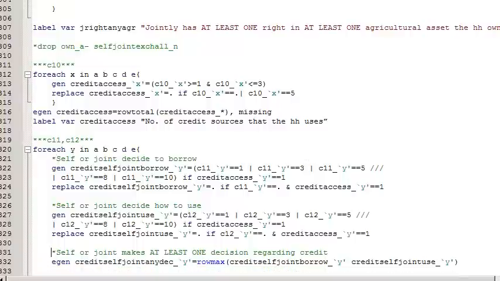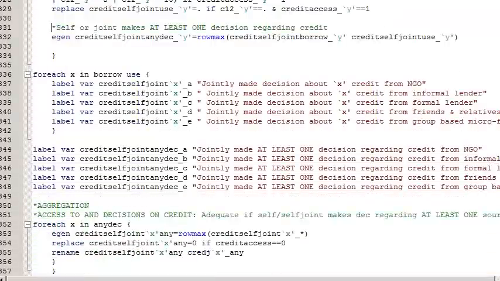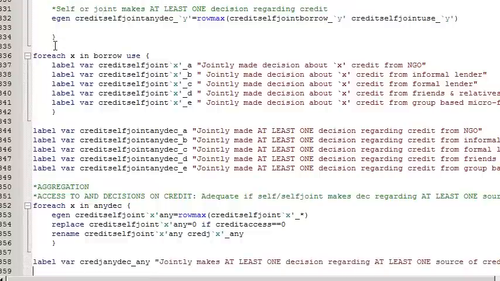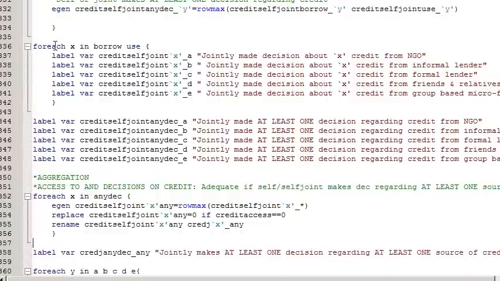Then we do a first level aggregation. What do I mean? We create credit self-joint any dash Y, which we aggregate across the rights for each source of credit Y. This indicator is equal to 1 if the individual, at least jointly, makes one of the two decisions, whether to borrow or how to use the credit from source Y. Some labeling, and then we move on to the second level aggregation.